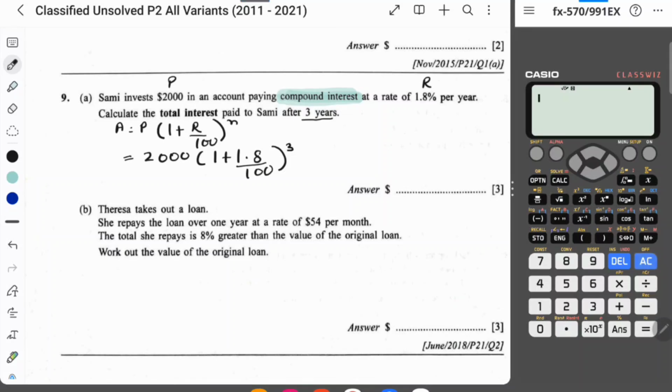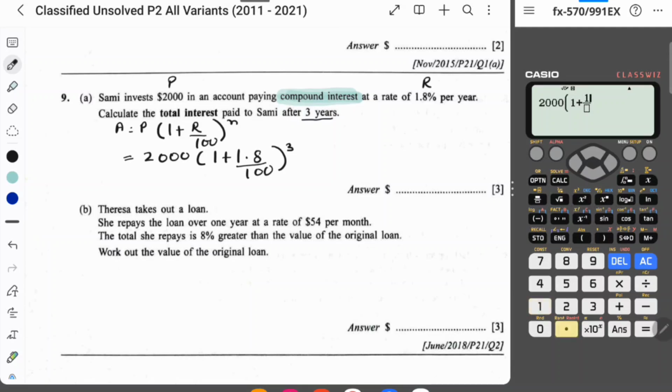So you just take the calculator. I'll explain how. It is 2000. All right, and just open the bracket and then 1 plus and then the numerator denominator option, 1.8 upon 100.